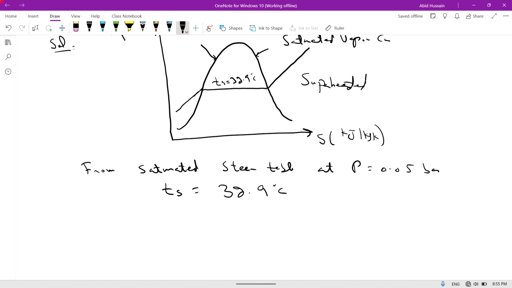It means that beyond this point, I take this point as T1 equal to 100 degrees centigrade, because in this region saturation temperature is 32.9 degrees centigrade.